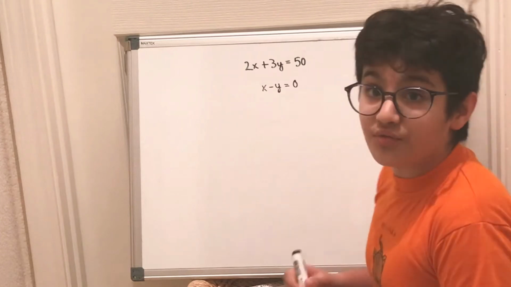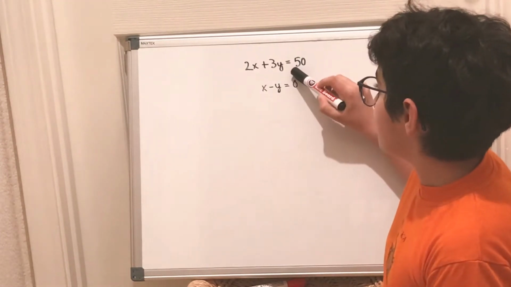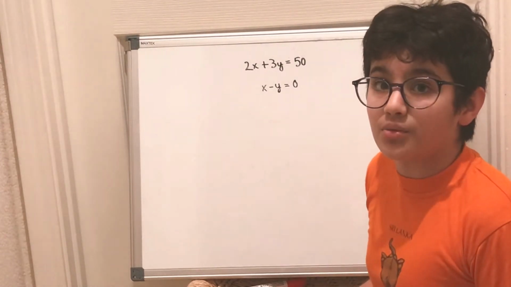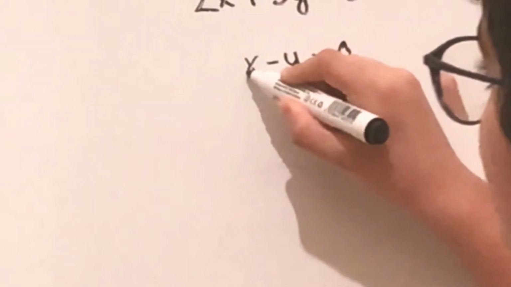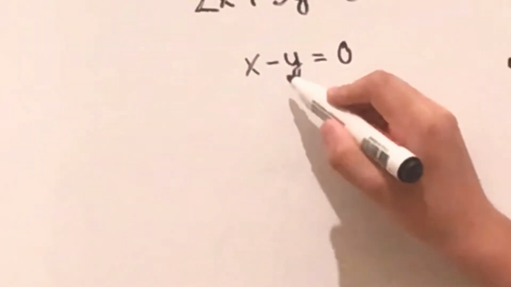So what you want to do first in substitution is try to get this equation into just one variable. In this case, let's do it in terms of y. To do that, we need to figure out what x is in terms of a constant like 0 and a variable like y.